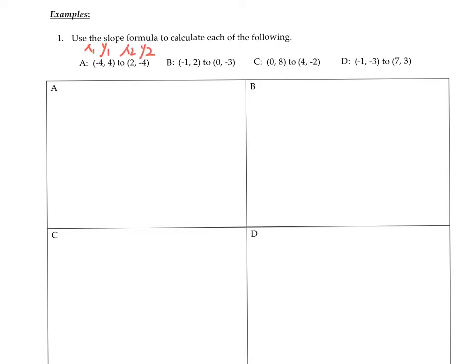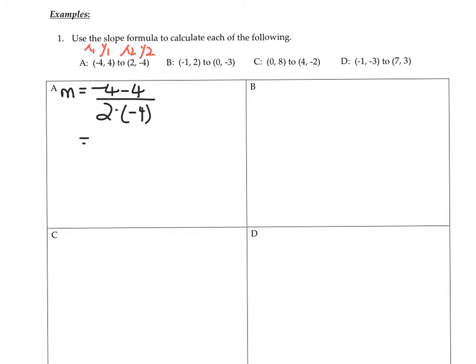You do not have to label your points, but it might be a nice way to organize for your formula. So we know our formula is y2 minus y1. y2 is negative 4, y1 is 4. So I'm going to subtract negative 4 minus 4. And then x2 is 2 minus, x1 is negative 4. Be careful here with those double negatives.